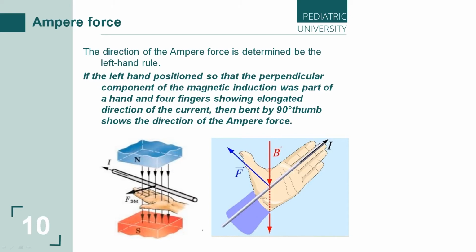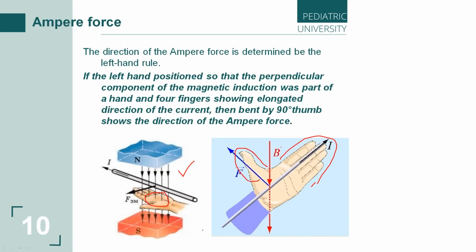Let's go again. Magnetic lines, let's see on this picture, must enter the palm. After that, the four fingers must be in the same direction as the current in the conductor. After that, the thumb bent to 90 degrees shows us the direction of the Ampere force.